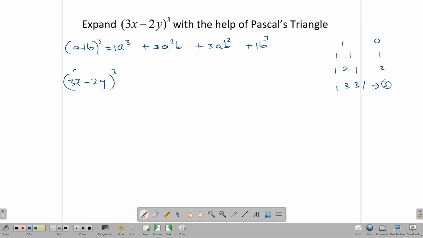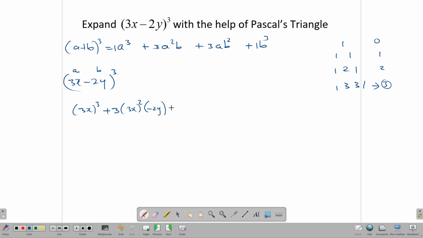3x would be our a, and minus 2y is our b. Okay. So here we have a to the third. So it's going to be 3x to the third plus 3 times x squared, which is 3x squared. And we put in our b term, which is minus 2y.